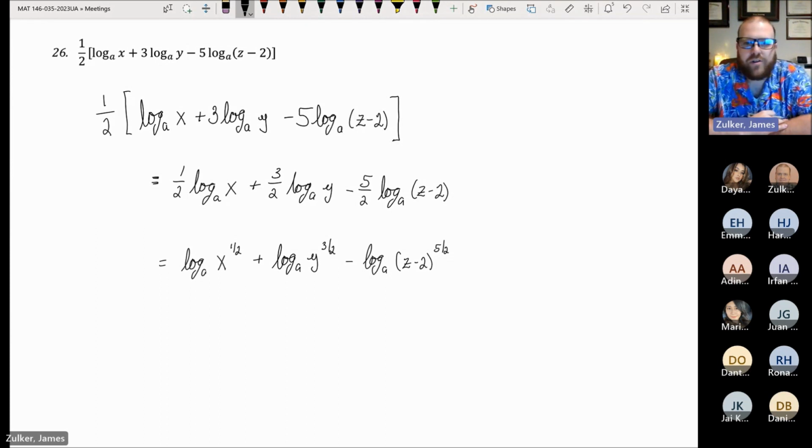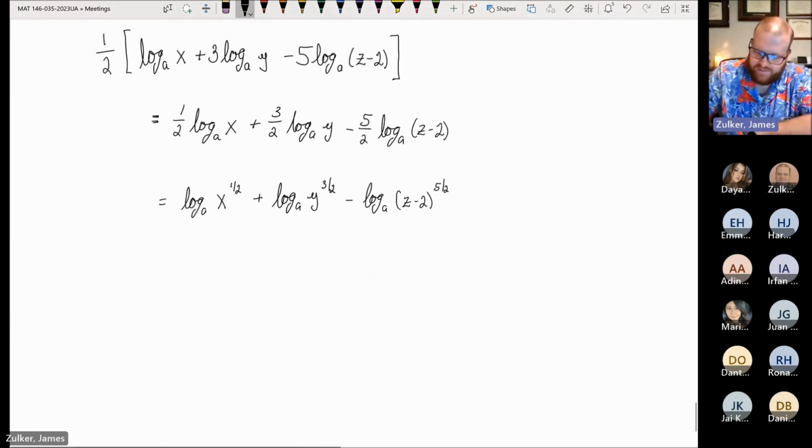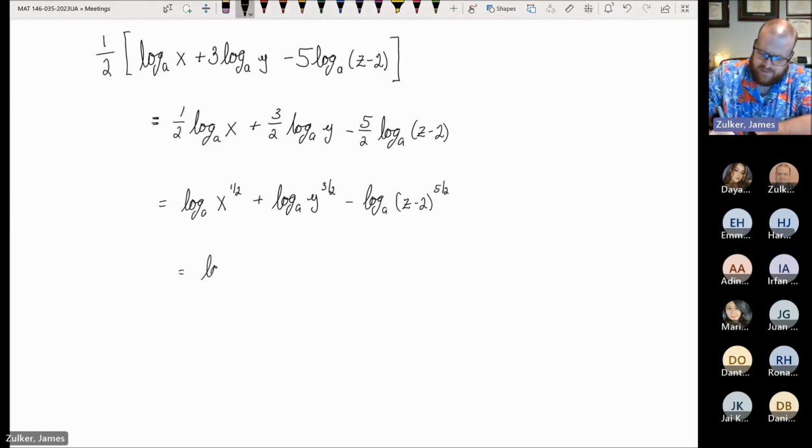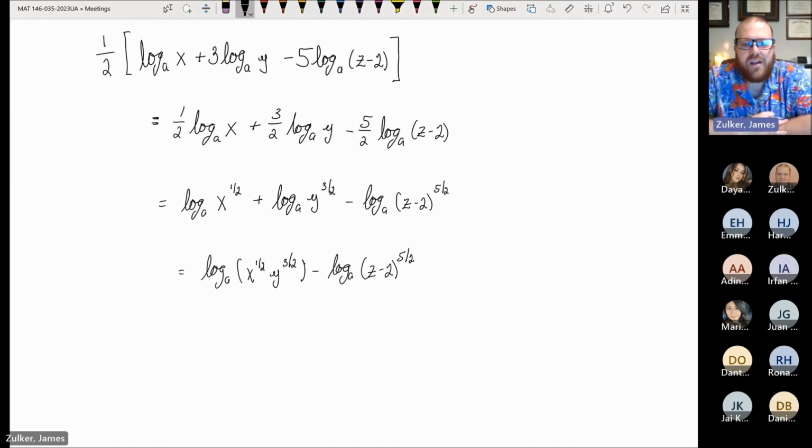Now let's just work left to right. First two terms, sum of logs, so it's the log of a product.